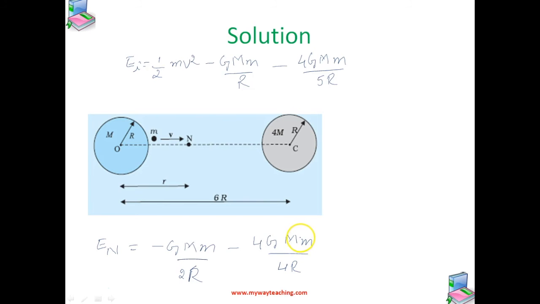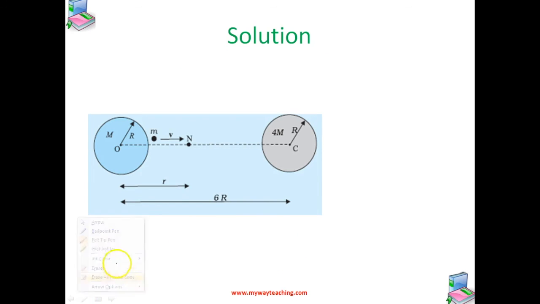So from the principle of conservation of mechanical energy, we can write 1 by 2 v square minus GM by r minus 4GM by 5r is equal to minus GM by 2r minus GM by r.